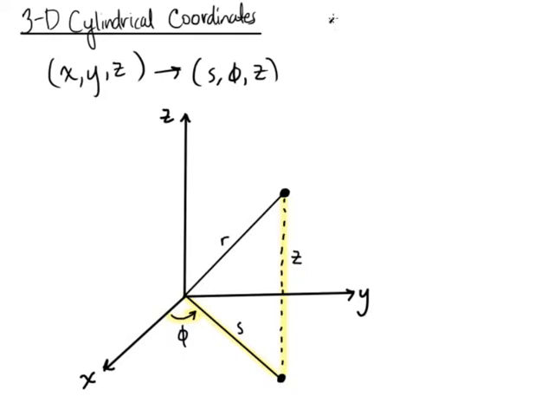So we had x was equal to s cosine phi, y equal to s sine phi, and z is just z.